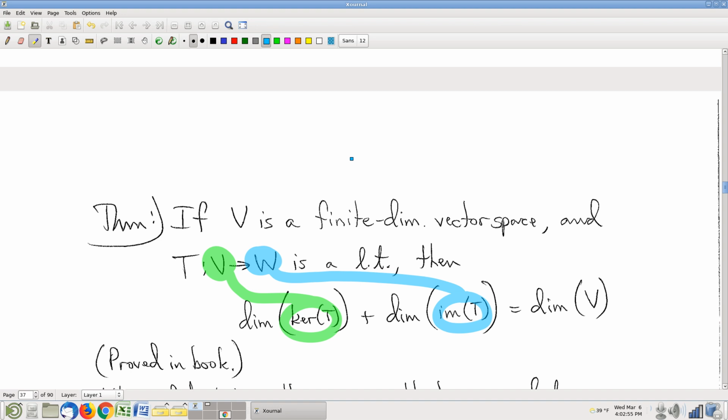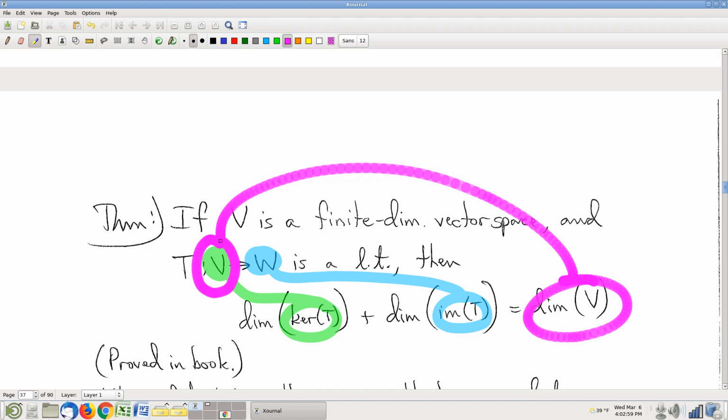And the surprising fact about this, the domain is, again, this over here. The kernel and the domain are in the same world over here, but the image is way over here in this other world. It's very surprising that somehow the dimension of this thing would be involved in an equation relating the dimensions of these things over here. Pretty unexpected fact.